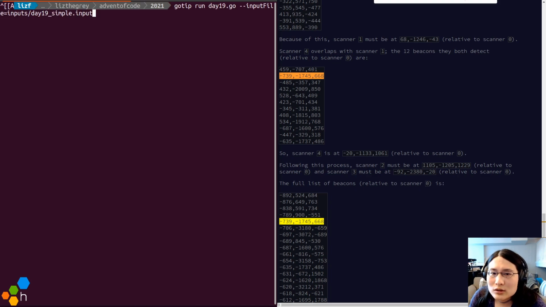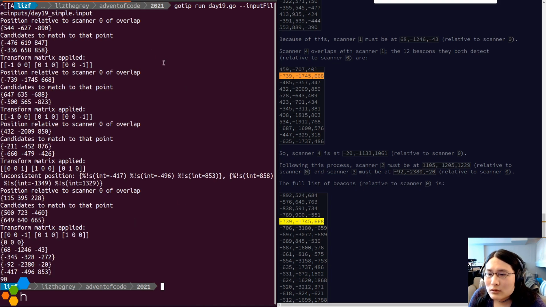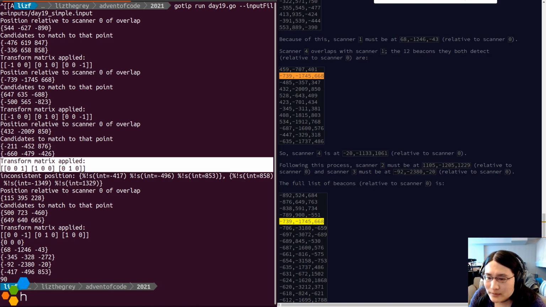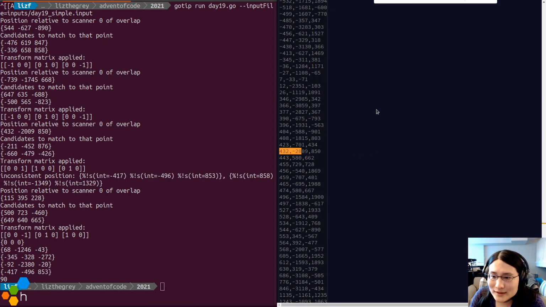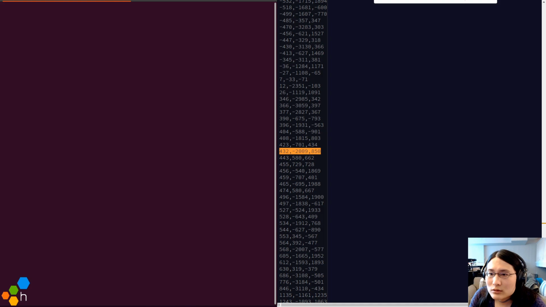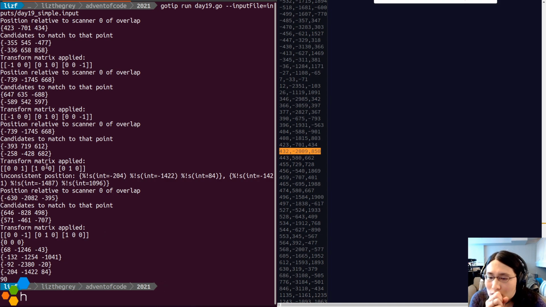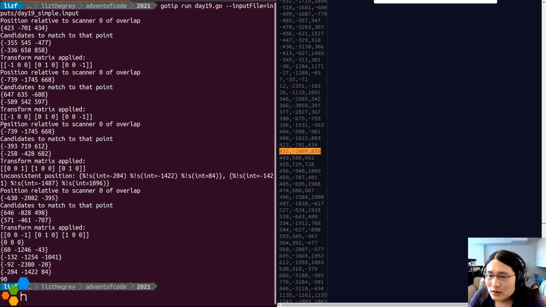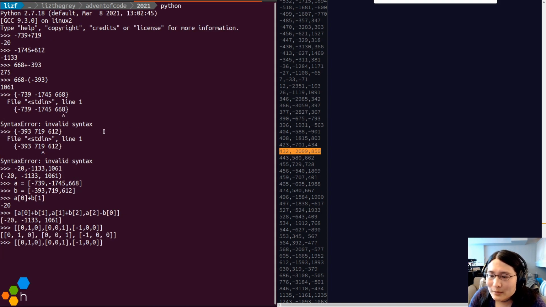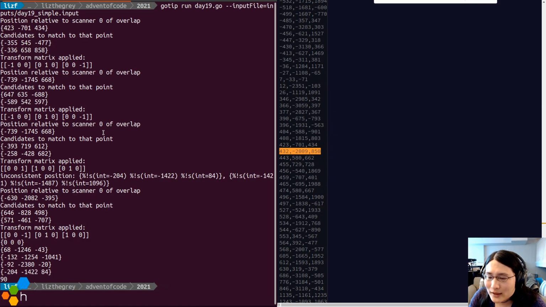Okay, so now this should... Oh, this resulted in a different one because it evaluated in a different order, but that's fine. But I can see that this is still found. Okay, this is now the same one. So position, this is the same 739, negative 1745, 668.